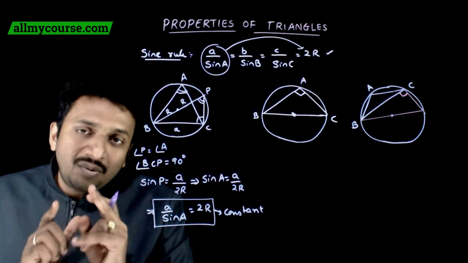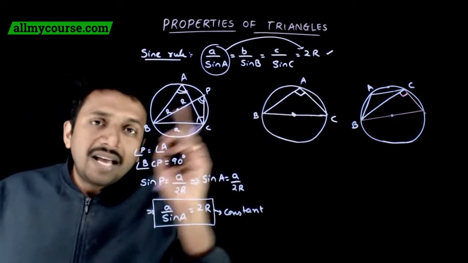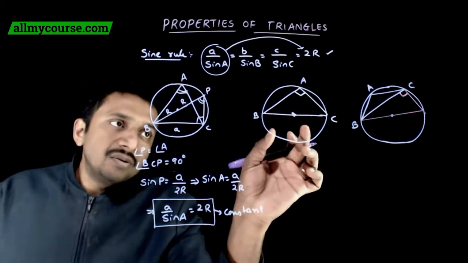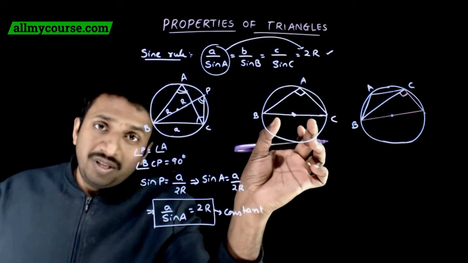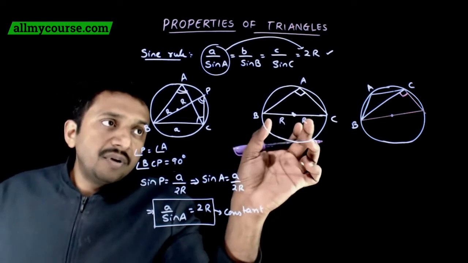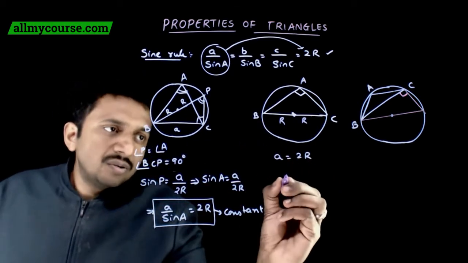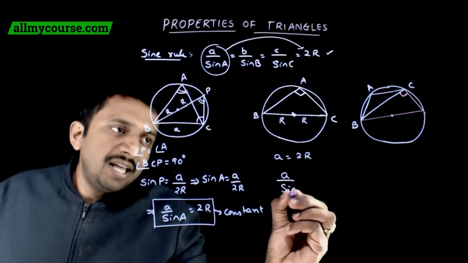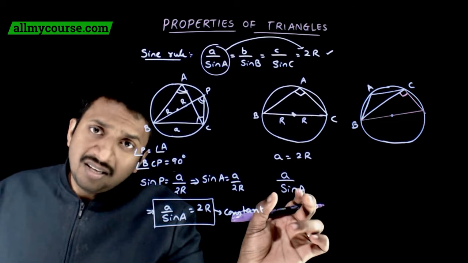Now let us see whether it works if angle A is a right angle. So let us say that angle A is 90 degrees. So obviously the side opposite to A should be the diameter. So this is R and this is R. Now what is small a? Small a is equal to 2R. So small a by sine A, where A is 90 degrees, sine A is 1.